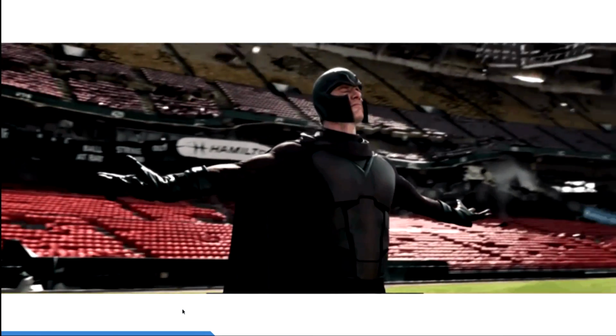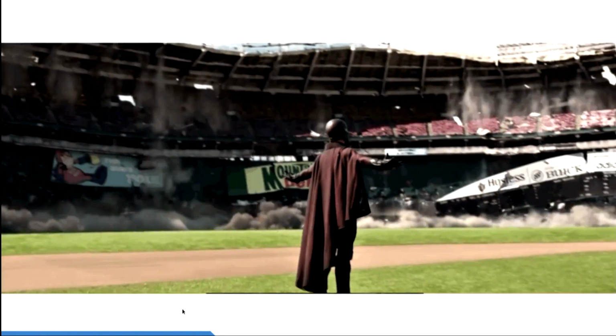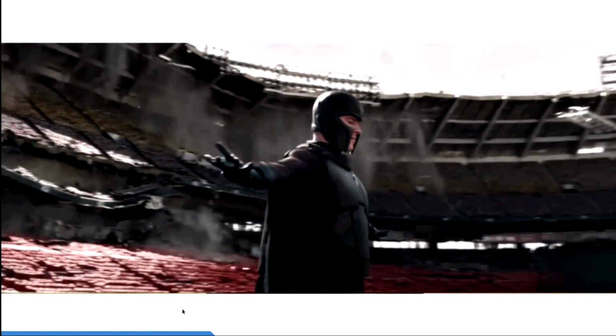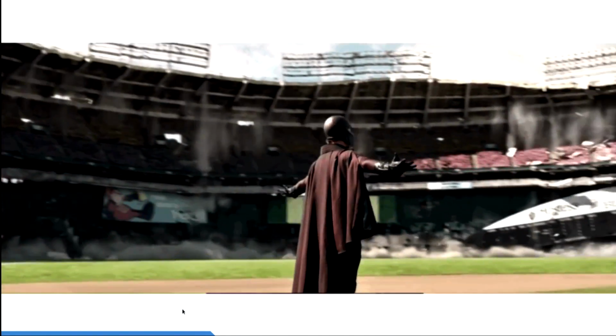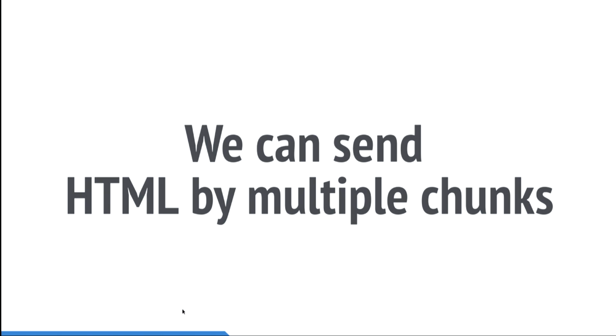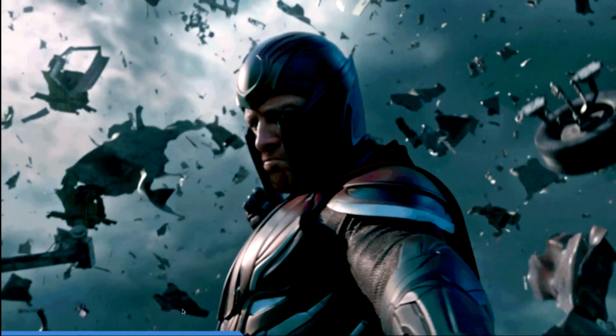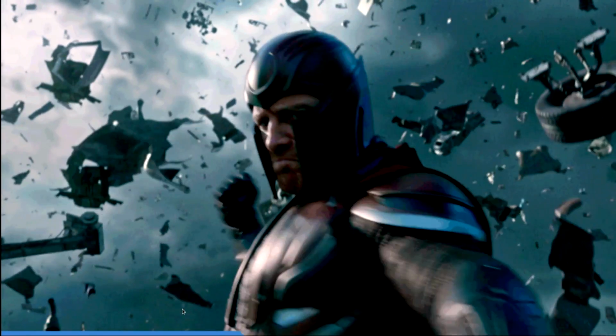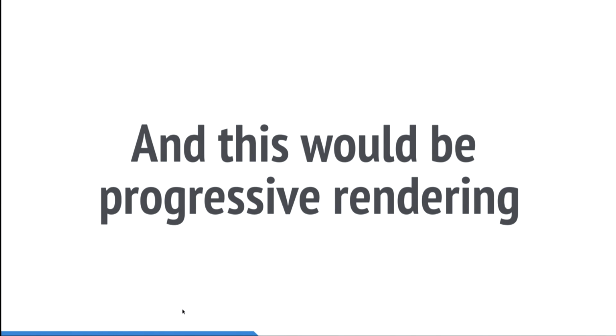Instead of trying to serve this very heavy and slow page, like lifting up a stadium, we can just split this page into small pieces, into chunks, and send this HTML page as multiple chunks. And obviously, it looks more powerful, right? And easy. This approach is progressive rendering.